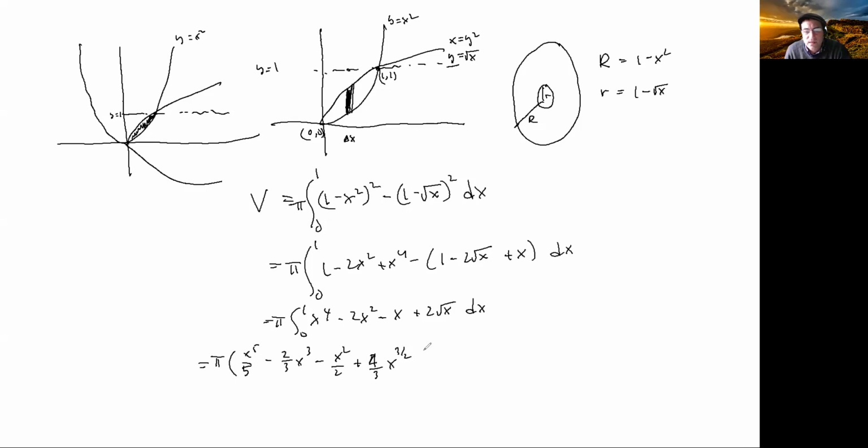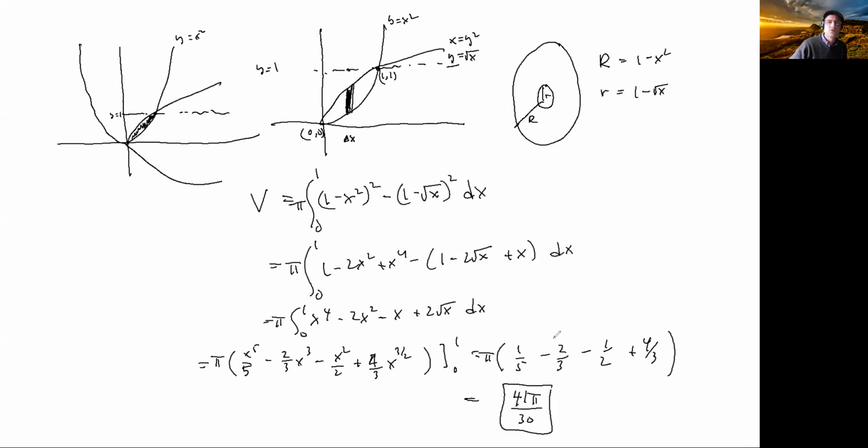And then that's going to be integrated from 0 to 1. Sticking in 0 doesn't do anything. We're going to get pi times 1/5 minus 2/3 minus 1/2 plus 4/3. And if you do the arithmetic, you will get 41 pi over 30 as the answer to the third problem on the worksheet.